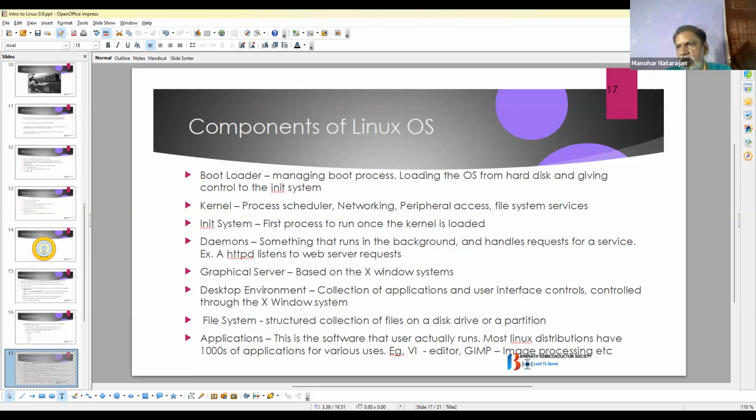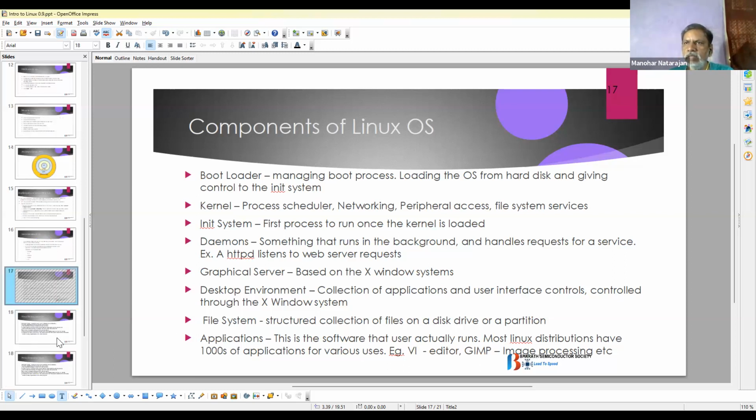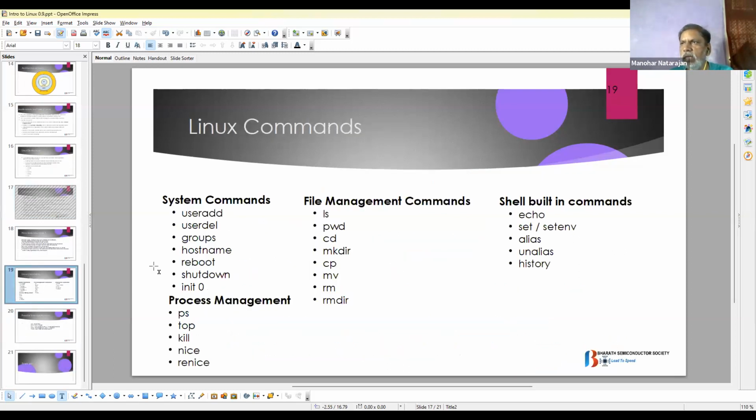Then we will go through a complete session next Sunday, where we will try to go through all the issues. We will walk through a complete Ubuntu session, see how to access the various applications, how to go through the command line. We have a bunch of command lines which we will learn, right? So we will go through a complete session next week.